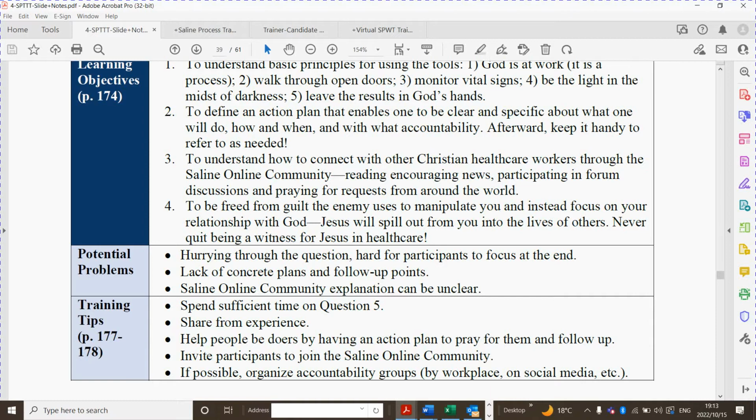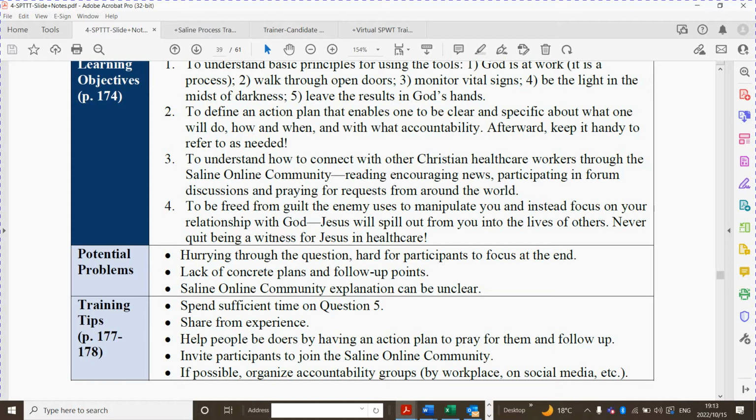Then we need to assist participants to be doers of the plan. One of the ways of ensuring this is to keep accountability groups, somebody that can encourage you or remind you to follow the plan as put down on paper.